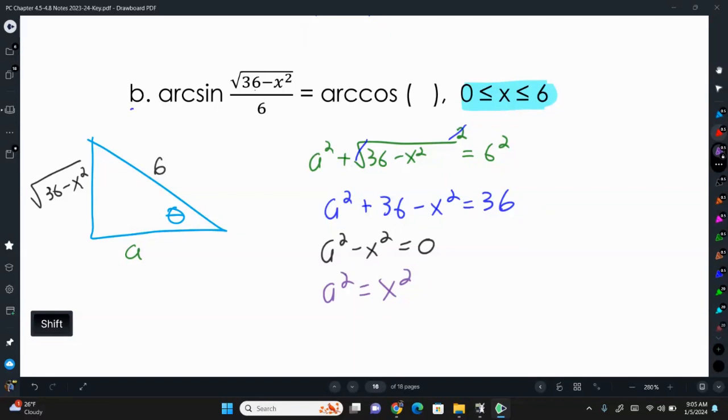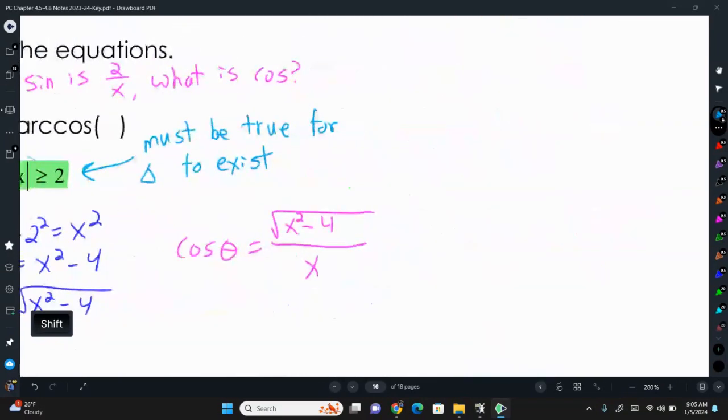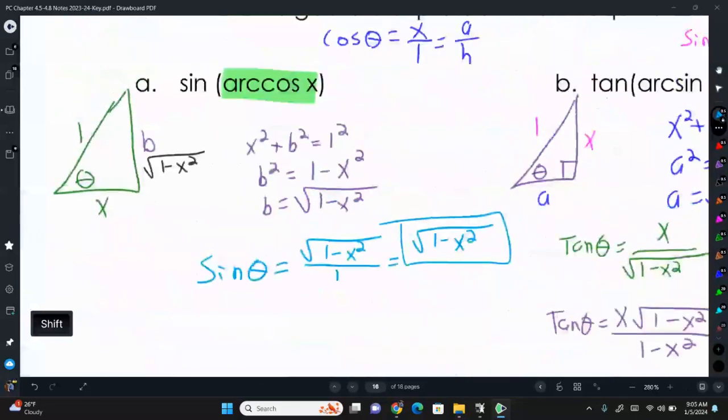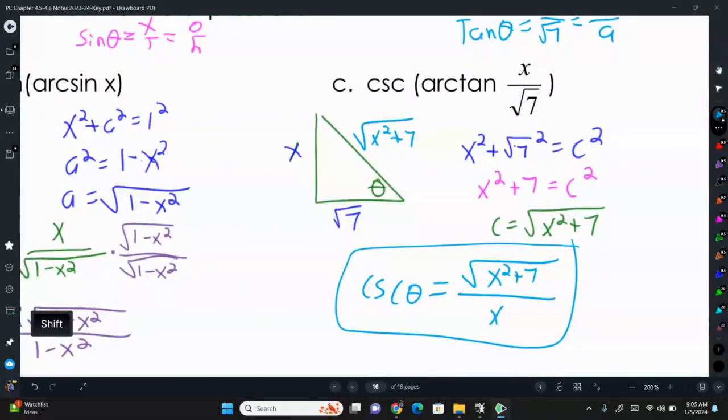Well, then we can square root both sides. And I know one of the reasons that makes these problems confusing is that instead of trying to solve for x, we're trying to solve for a. Or these problems up here, we're solving for a, solving for b. We're not trying to get x by itself in these problems.